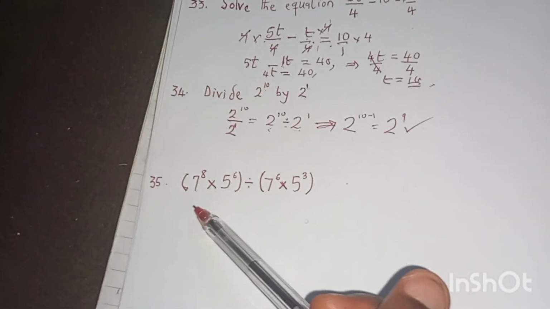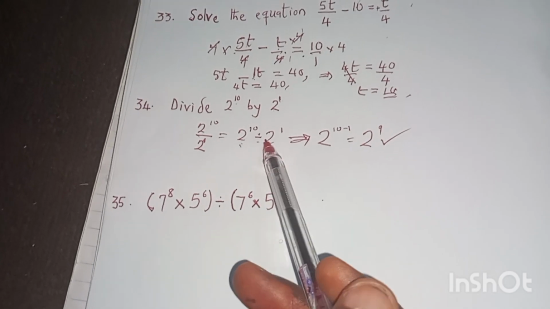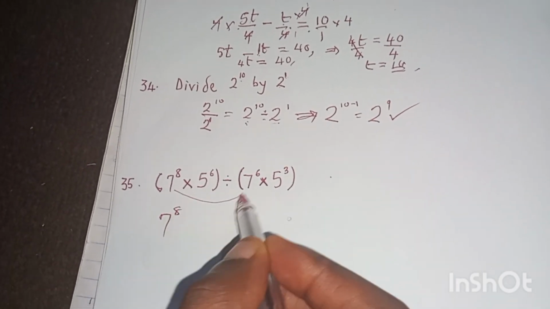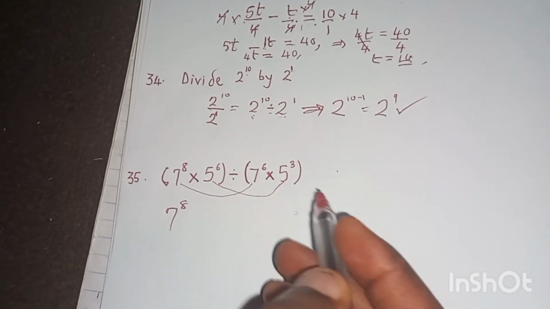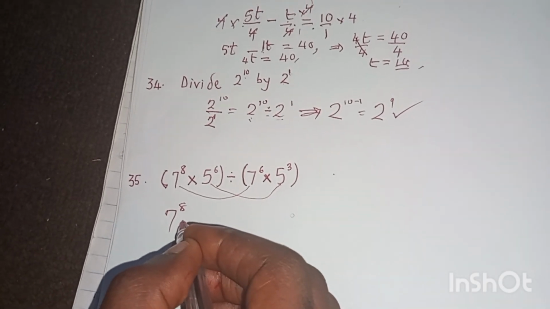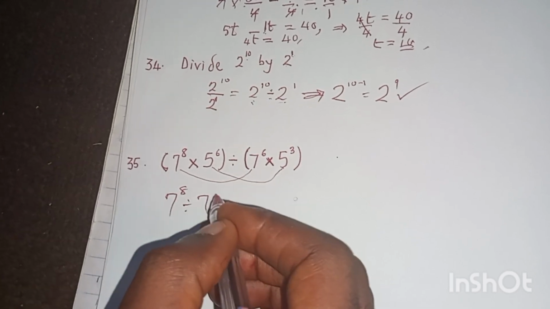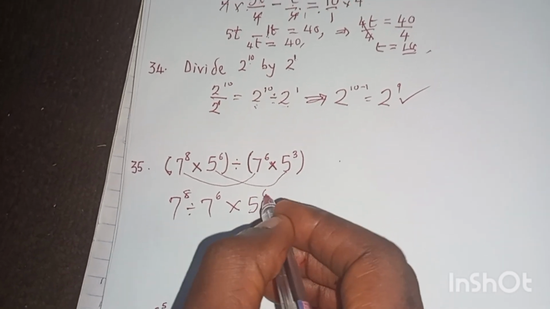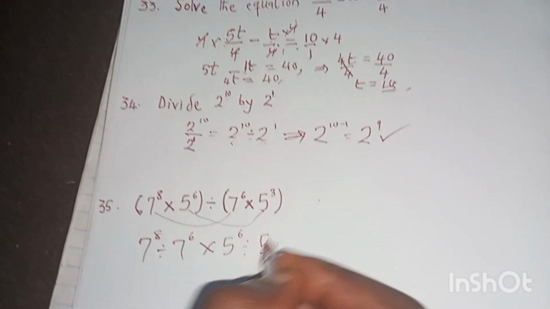And then we go to number 35. The same thing here. We relate this 7 to this 7, and this 5 to this 5. So 7 raised to the power 8 divided by 7 raised to the power 6, times 5 raised to the power 6 divided by 5 raised to the power 3.